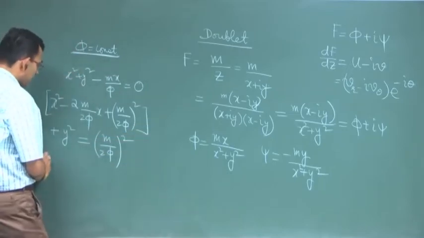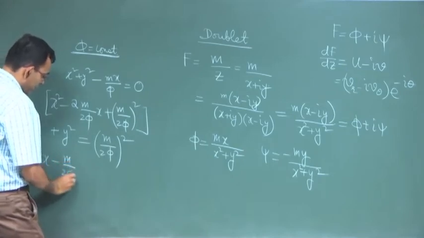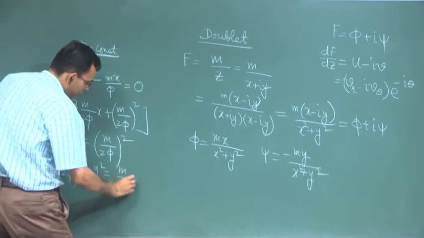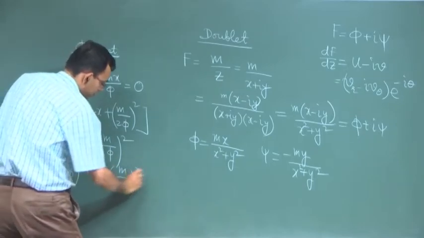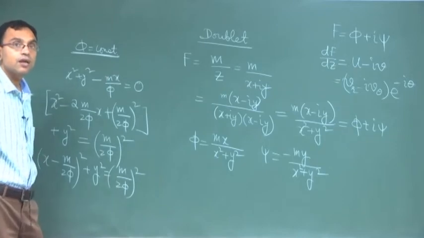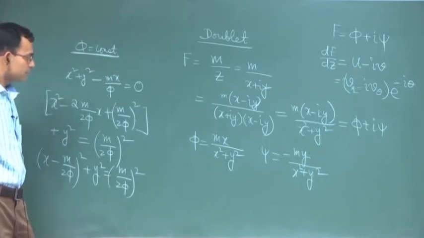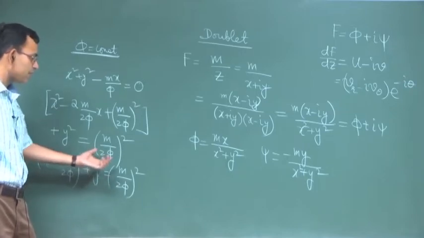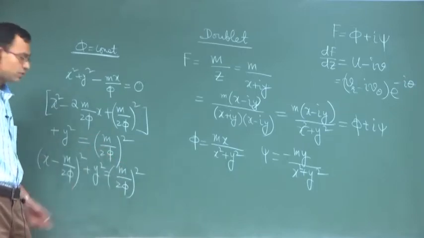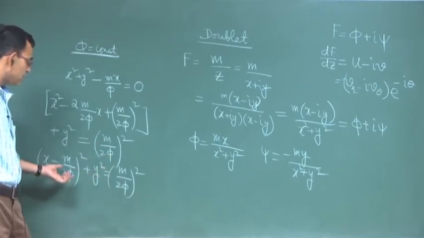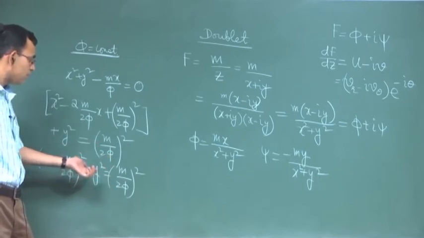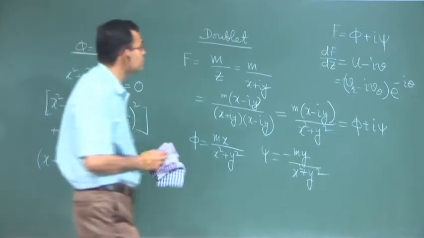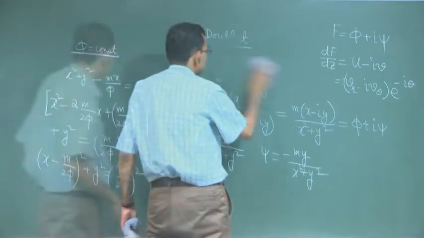So, this is (x minus m by 2 phi) square plus y square is equal to (m by 2 phi) square. So, this is as good as (x minus a) whole square plus y square equal to r square. So, this is equation of a circle with center at (m by 2 phi, 0) and radius m by 2 phi. So, let us try to make a sketch of this.